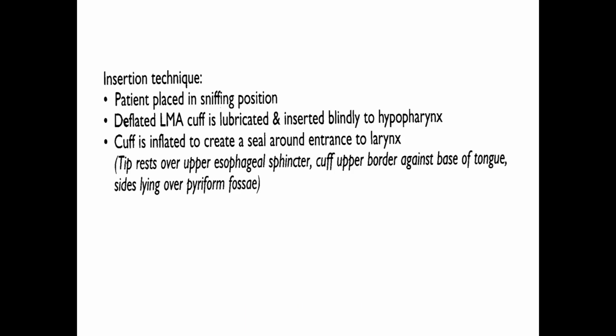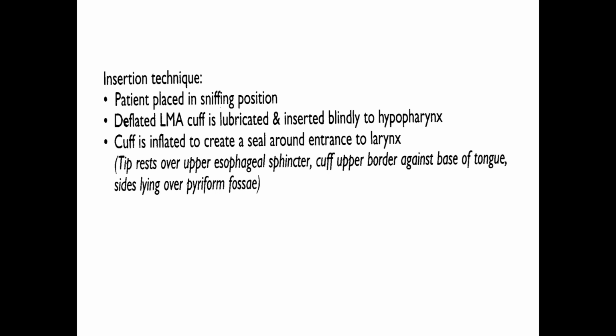Insertion technique: the patient is placed in the sniffing position, that's in supine position, face up. Deflate the LMA, lubricate the cuff, then insert it blindly. Then inflate the cuff to create a seal around the entrance to the larynx. Try to pull and move the laryngeal mask inside the patient's mouth until it fits in its position.